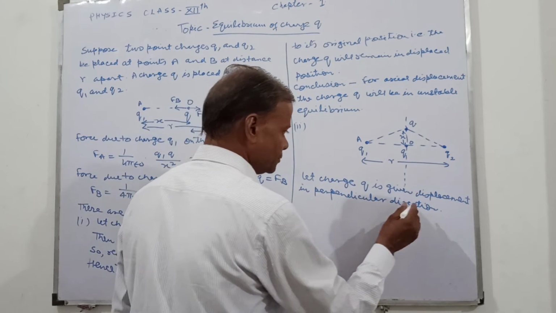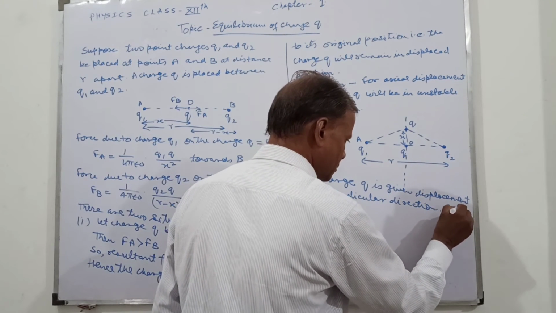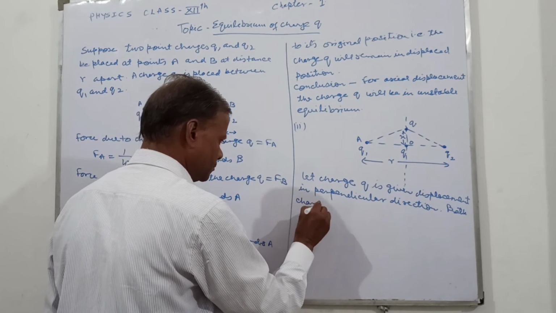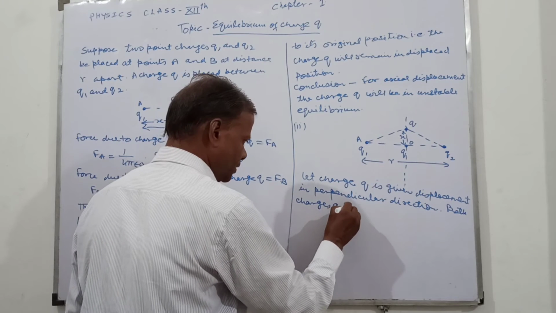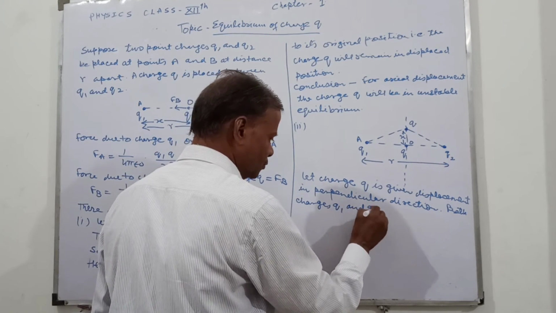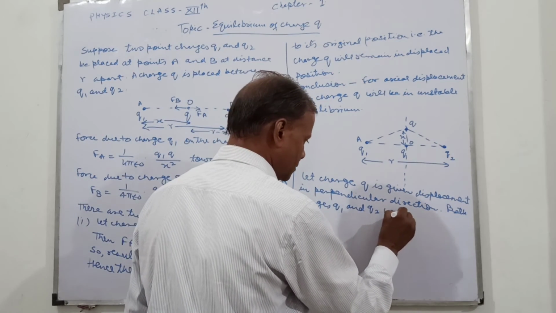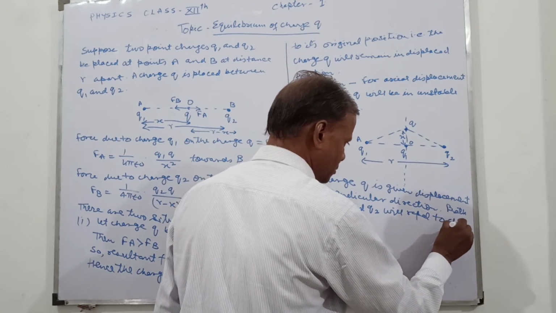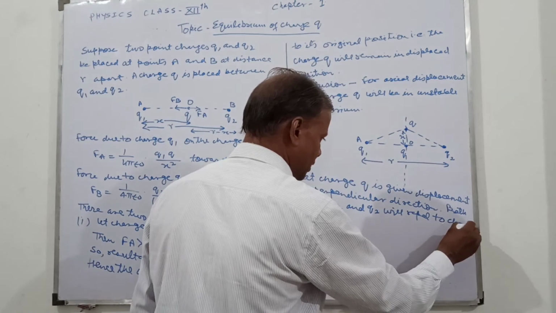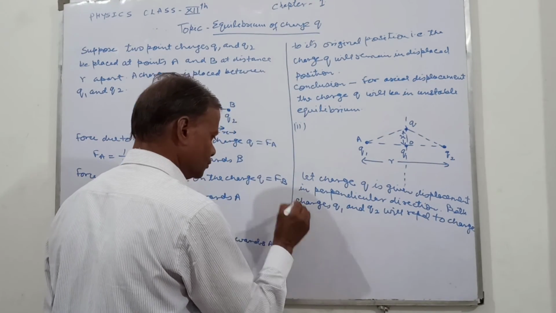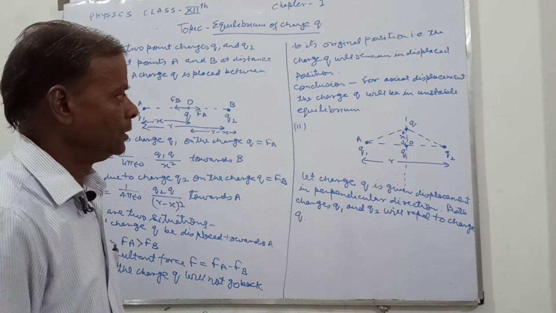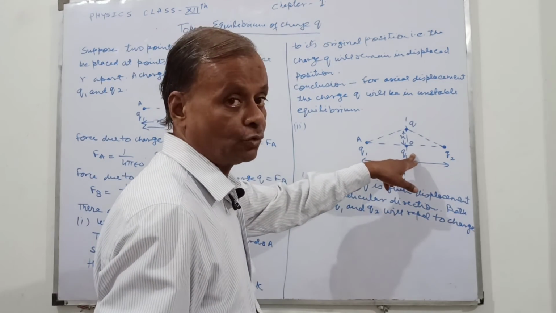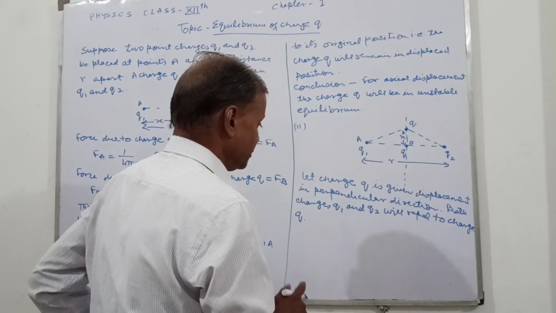Both the charges Q1 and Q2 will repel charge Q. So this charge Q may come towards the initial position.